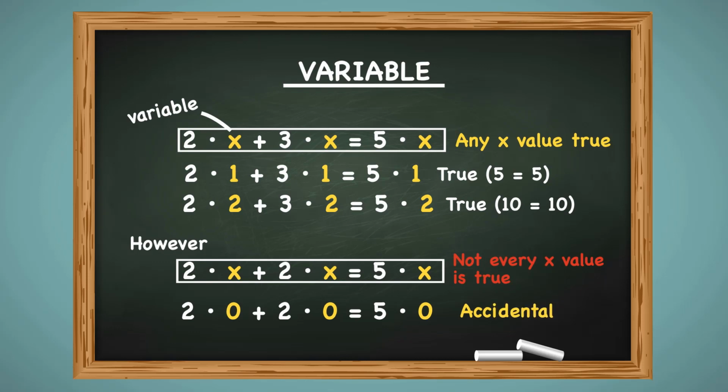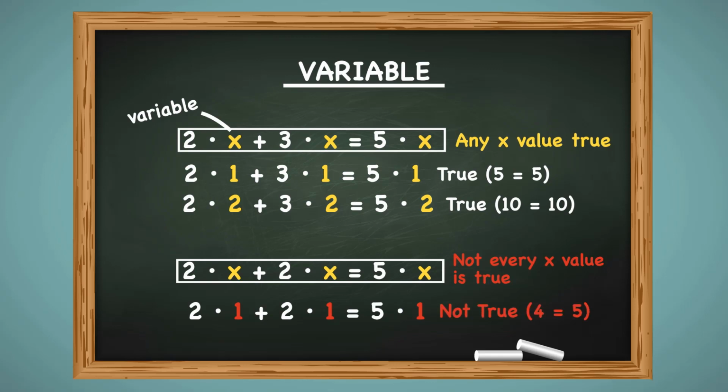It's true for that particular value of x, namely 0, but for other values of x, say x equals 1 or 2 or 3 and so forth, we can see that the equation is no longer true. Therefore, it is wrong to write 2 times x plus 2 times x equals 5 times x, but it is correct to write 2 times x plus 3 times x equals 5 times x.